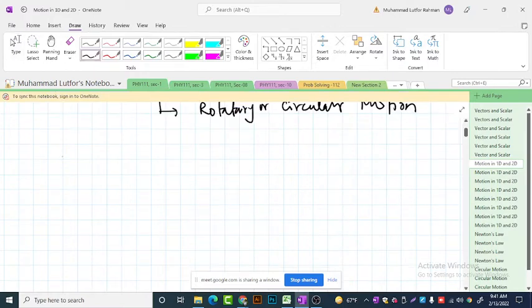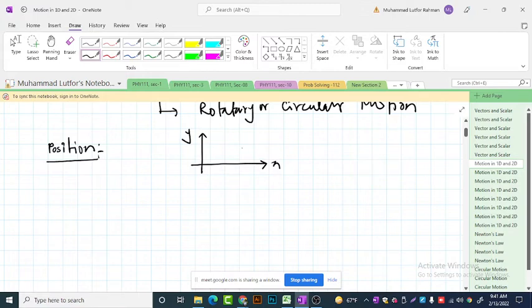All right, to describe the kinematics of the system, first we are going to define some parameters. One, we can define the position. Position is the location of a particle at any particular time. Say if I consider a Cartesian coordinate system, which is very familiar to you, say this is my x and y, and a particle is over here.